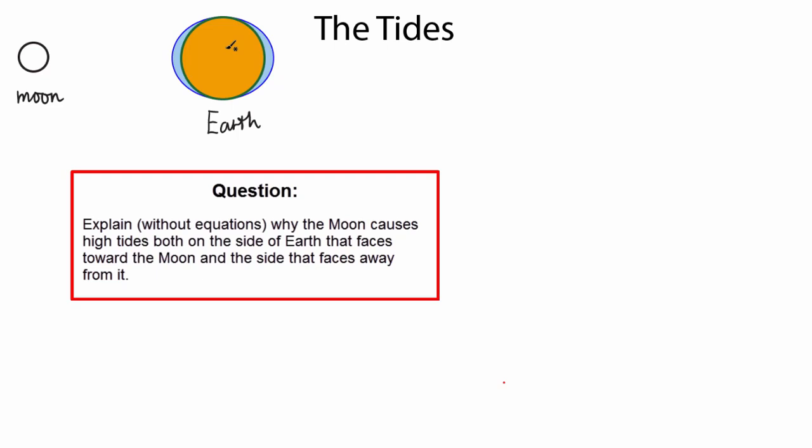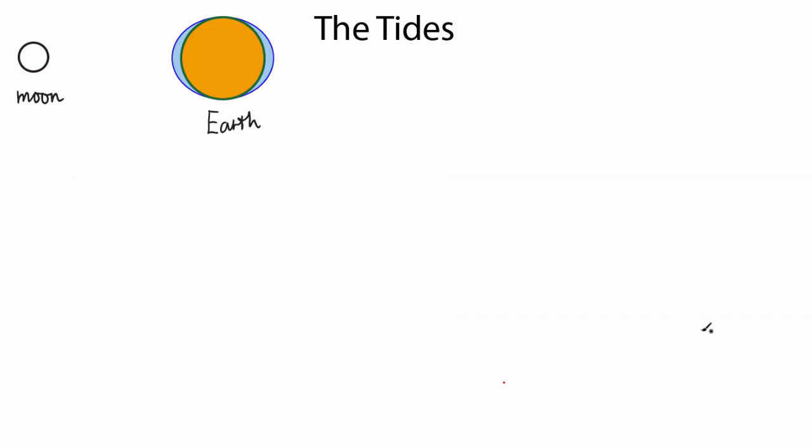Okay, so let's look at this in a little bit more systematic fashion. First, we will introduce a vector here that goes from the center of the moon to the center of the Earth. And we're going to call that vector d0.